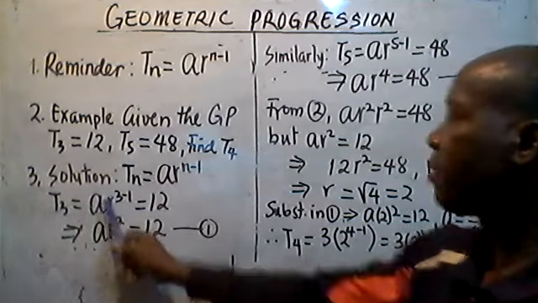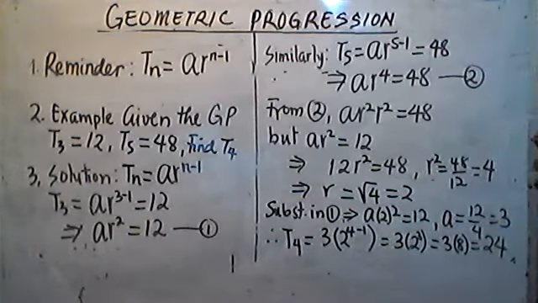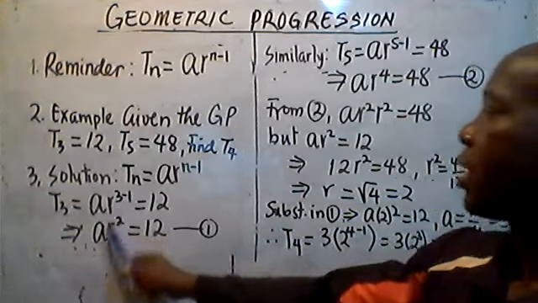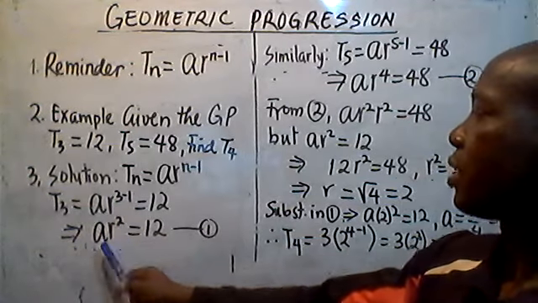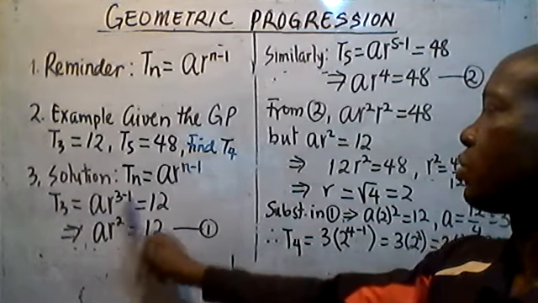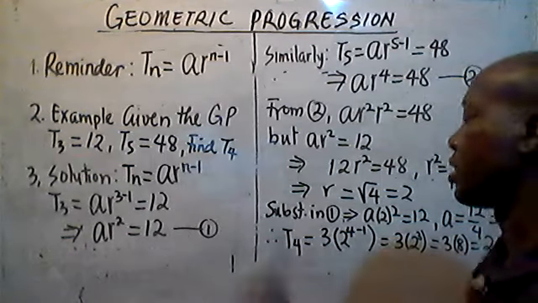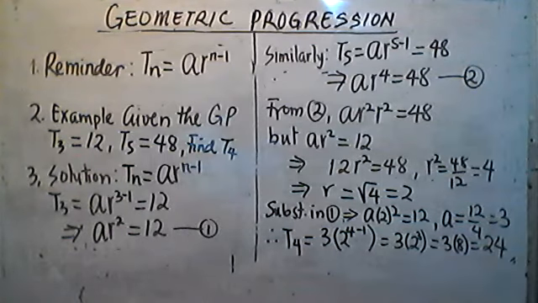This is the third term in the formula, while this is the third term in the figure. So ar^(3-1) is ar squared, that is 3 minus 1 is 2, and that is equal to 12, and that gives you equation 1.